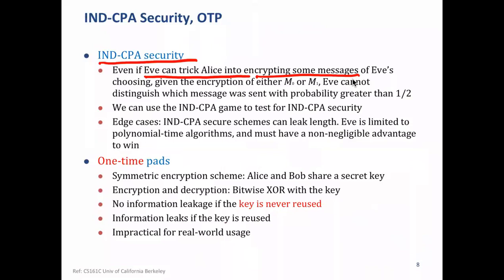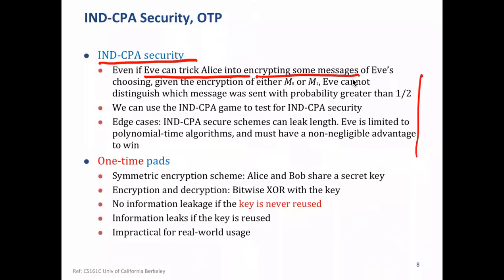Note the word, two messages, M0 and M1. Alice picks one of them randomly, encrypts it and sends it back. Now the recipient, which is Eve, should not be able to tell whether M0 or M1 was sent with probability greater than half. If that is so, then we say it is IND-CPA secure.